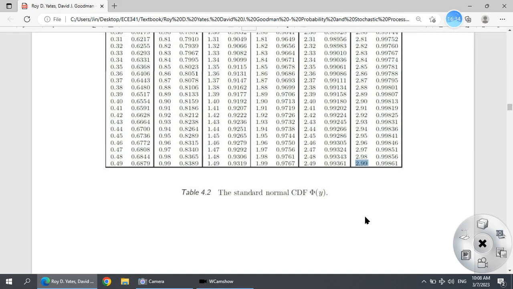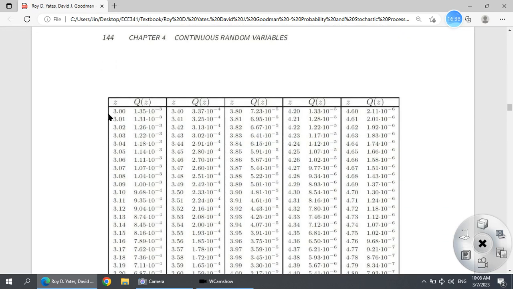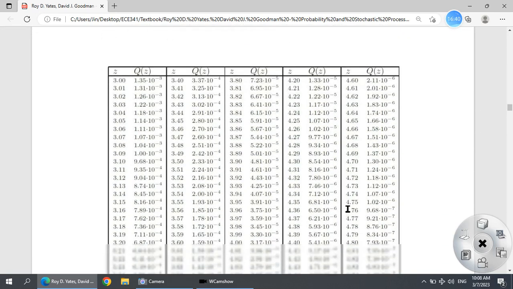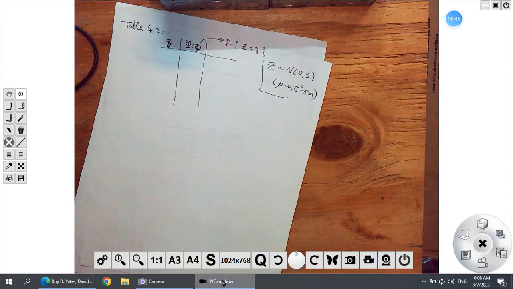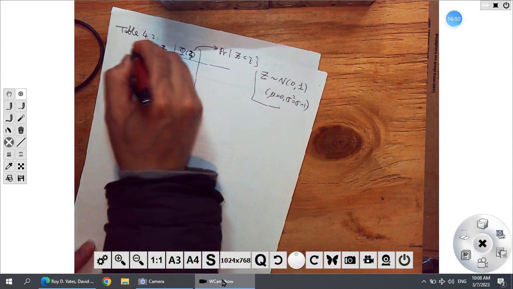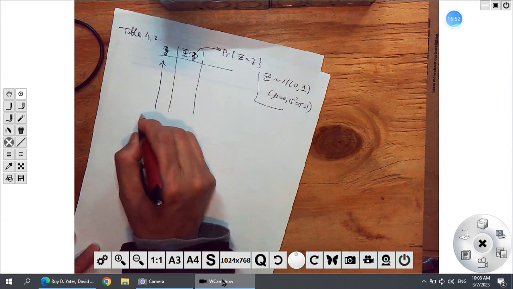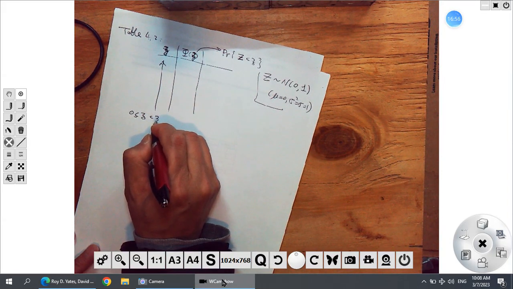And in the second table, Z runs from 3 even larger, until 5 or 6. Let me put it here. Z starts from 0 until 3, not including 3. It's just a little bit smaller than 3.